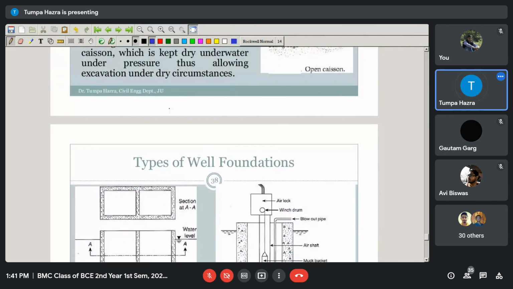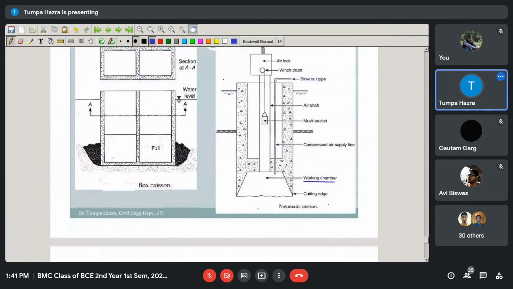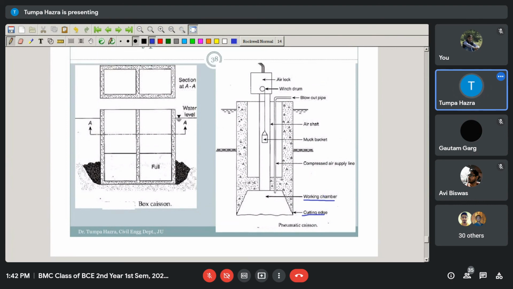It is kept dry under water under pressure, thus allowing excavation under dry circumstances. You have to excavate the area to place the foundation up to the desired level, and that is done by this working chamber with the cutting edge. Okay, this is the pneumatic caisson.